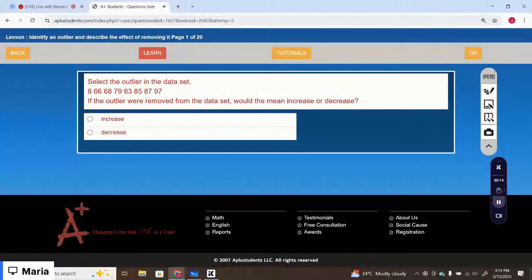That is 8. So if we remove the 8, the mean would increase. Option number 1 is the correct option.